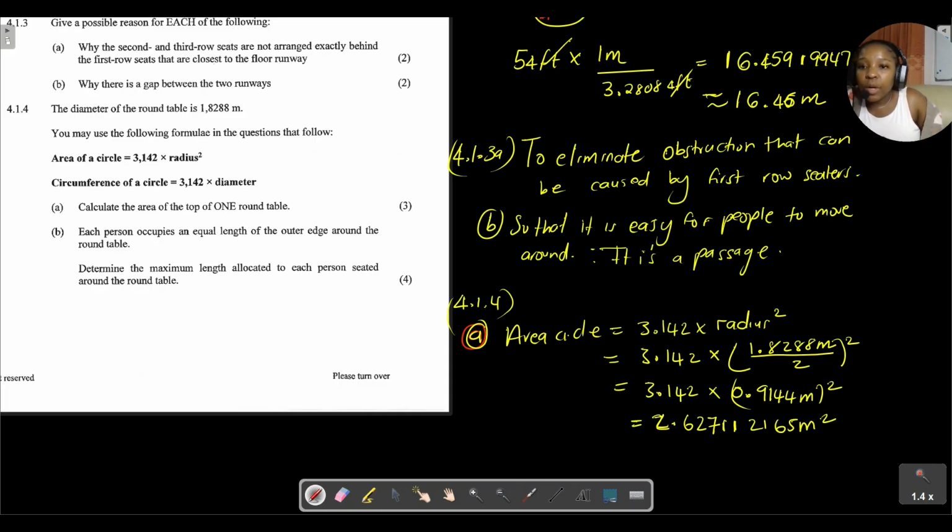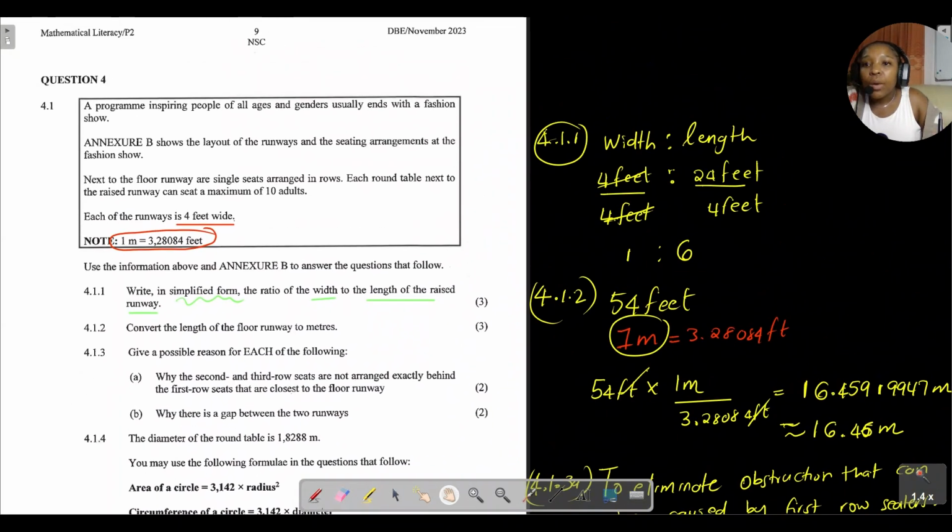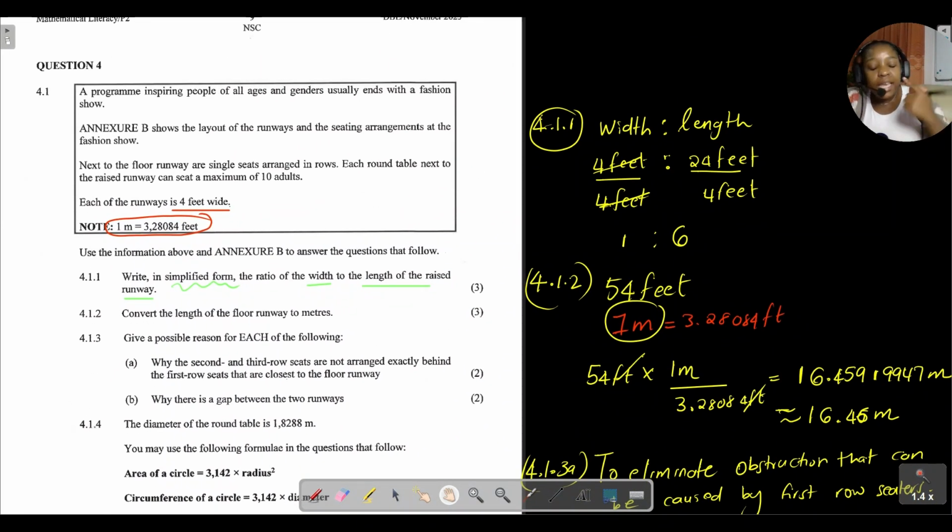B: each person occupies an equal length of the outer edge around the round table. Determine the maximum length allocated to each person seated around the round table. So remember, we're given information that each round table can take a maximum of 10 people.